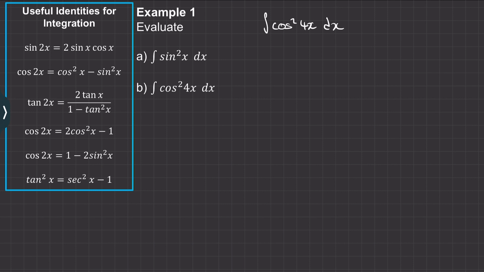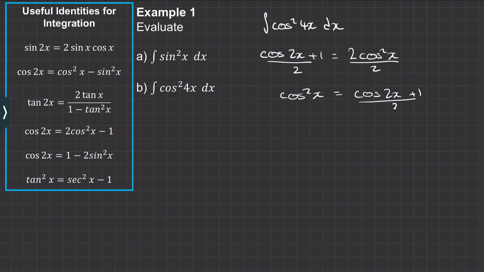So we're going to begin by writing cos squared x using this double angle formula. So we'll move the -1 to the left-hand side. So cos 2x plus 1 will equal 2 cos squared x. Then we'll divide both sides by 2. And we get cos squared x is equal to cos 2x plus 1 over 2.